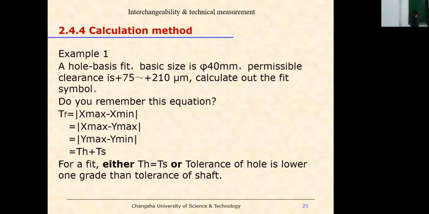When the IT is larger than 8, they are the same grade, right? So we'll choose this, the IS. When it's equal, it's this one, right? I choose the table.